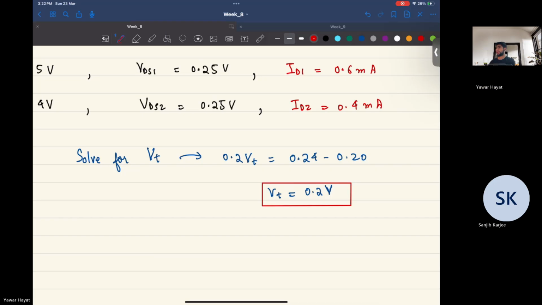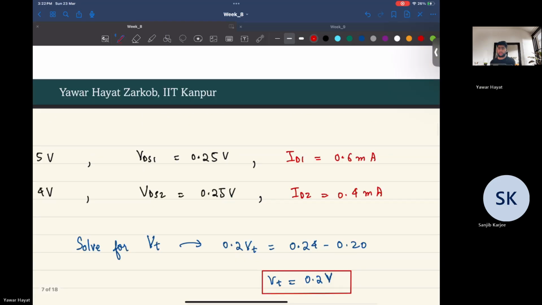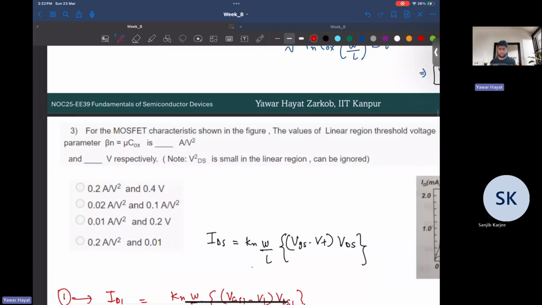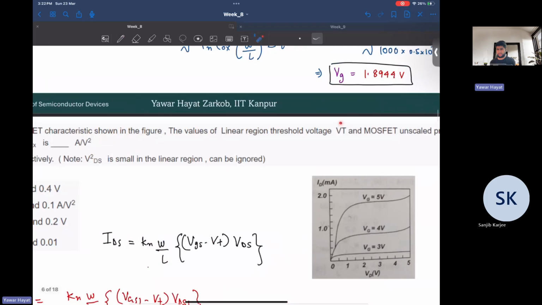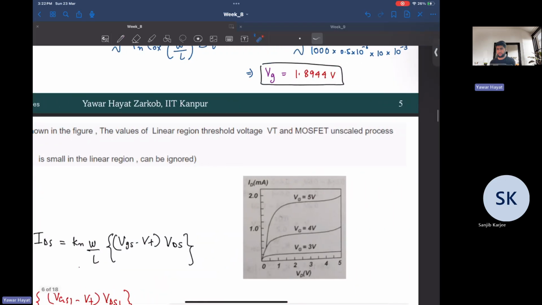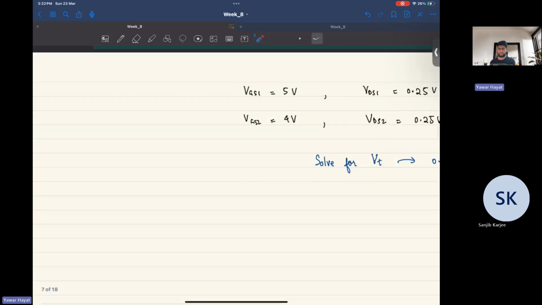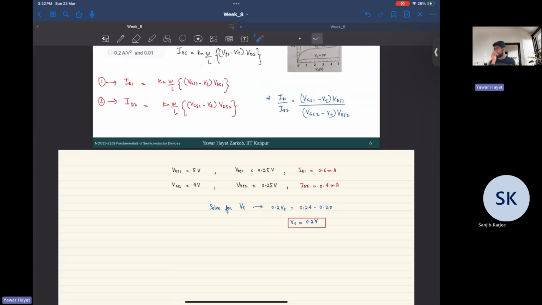And what else do we need to compute? We computed this, right? VT is done. And you also need to compute this beta n, mu Cox. So your mu Cox is actually this, right? You call it beta n or Kn, whatever you want.